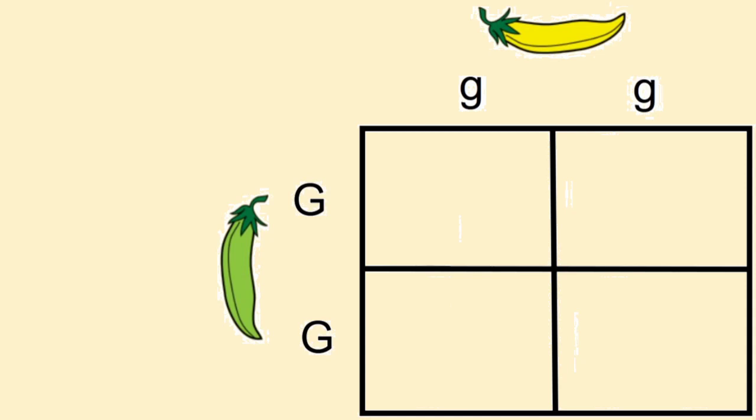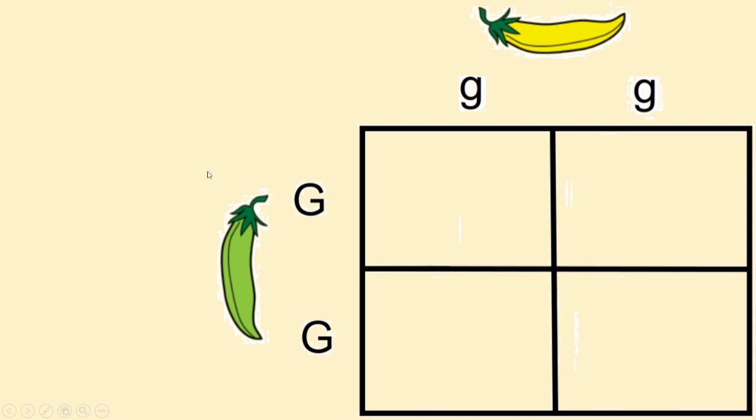As you see here, you've got green pod and yellow pod, because green is dominant, it gets to choose the letter and it gets the capital. If you had red flowers and blue flowers, if red was dominant, then you'd have capital R and little r for the blue flower. That's just a convention thing.